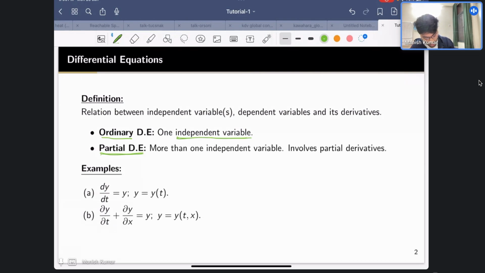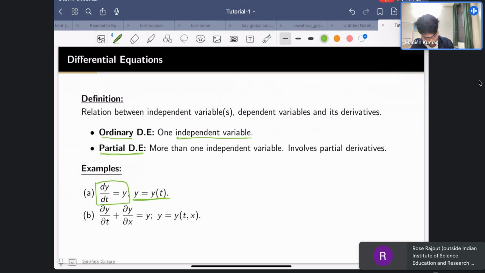In this case, when y is just a function of t, this is an example of an ordinary differential equation where the derivative y prime is equal to y. This is the equation which involves the derivative and y. And this is the partial derivatives case.